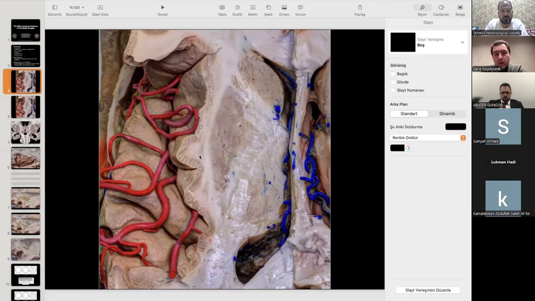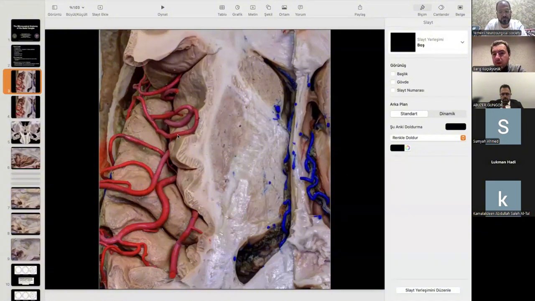From lateral to medial, there is the extreme capsule, there is the claustrum, this small gray island, then the external capsule, and then comes the basal ganglia, the lentiform nucleus, the internal capsule, and the caudate nucleus, where we see just the head of the caudate nucleus, forming the lateral wall of the frontal horn and the body of the lateral ventricle.